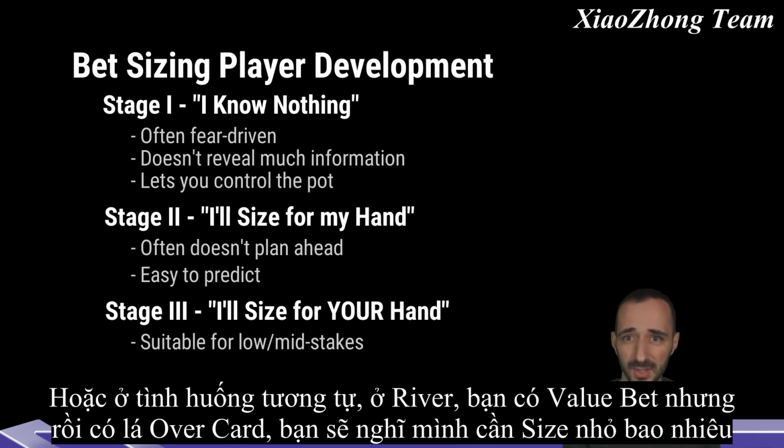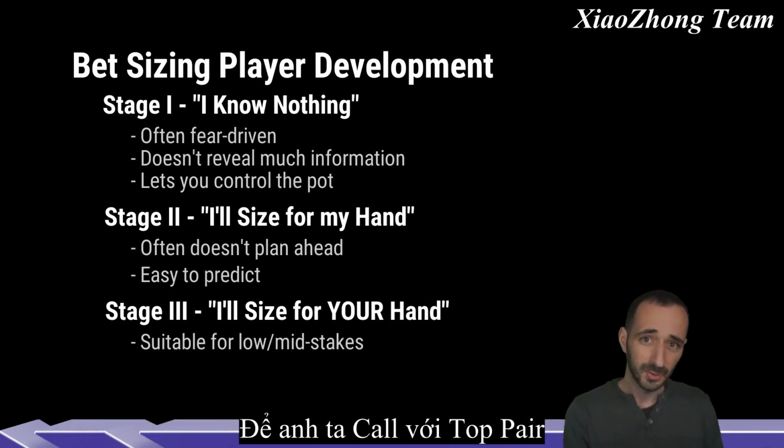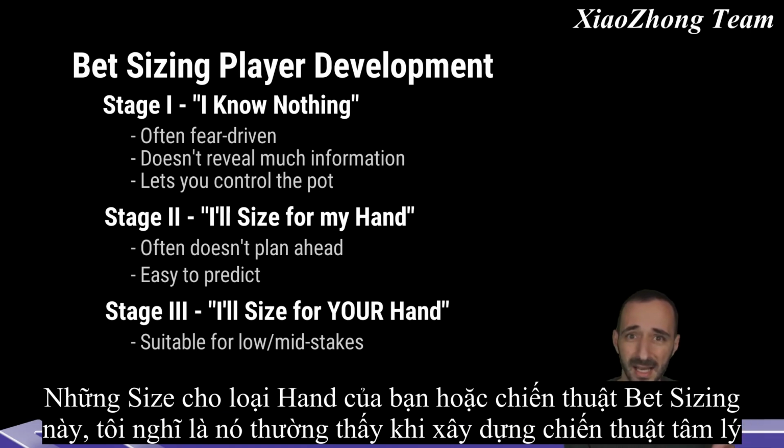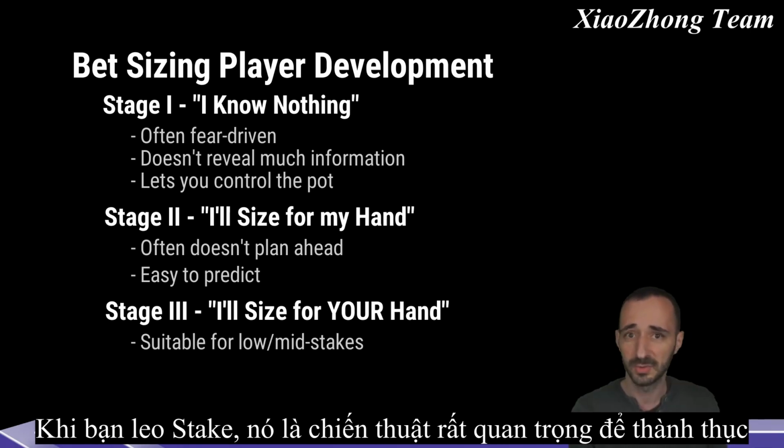Or maybe same situation, you're on the river, you have a value bet, but it came an overcard, and then you size and you think, okay, how small do I need to size in order to keep him in with top pair, right? So opposite. And these I'll size for your hand types, or this kind of bet sizing strategy, I think is very common as a developmental strategy as you're moving up stakes.